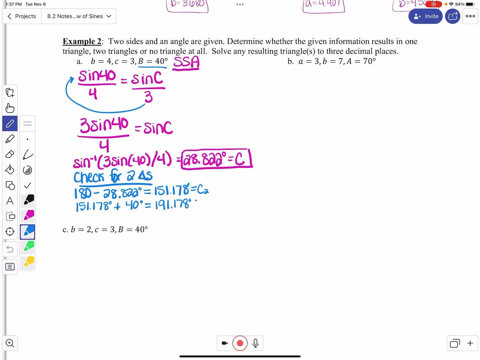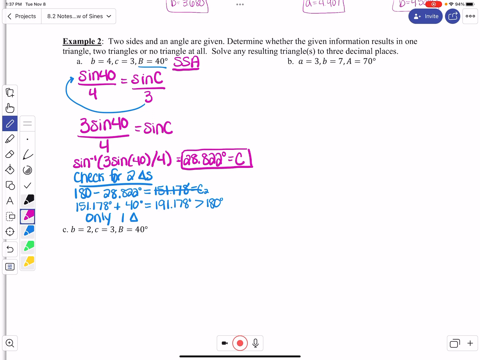Well, these 2 angles are bigger than 180 degrees. So 2 angles in a triangle are bigger than 180 degrees, and 180 degrees is what makes up 3 angles in a triangle. So that's not going to work. So I only have 1 triangle. So I only have 1 C, so I can just proceed with finding my normal pieces of my triangle.